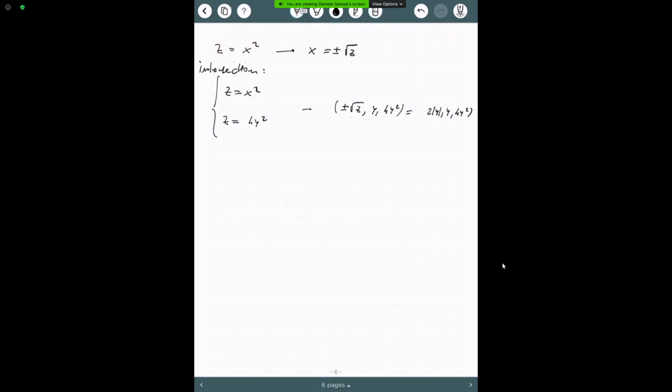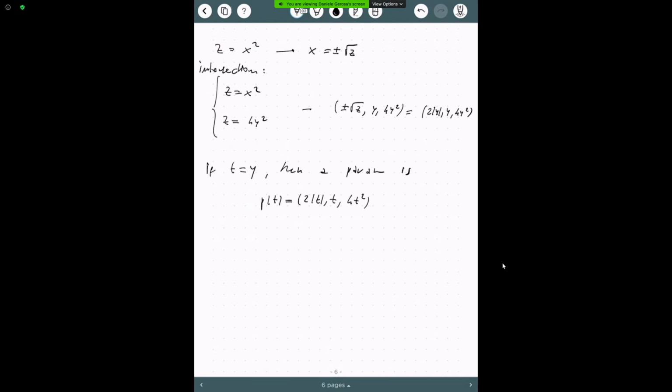Just take the modulus here, and so if t is equal to y, then a parameterization is p of t equal to 2 times modulus of t, t, and 4t squared.